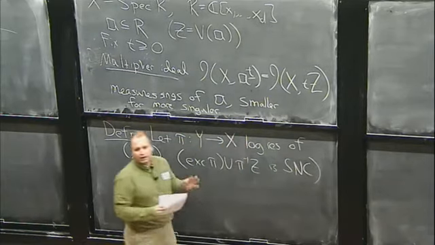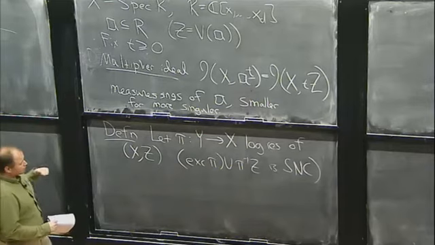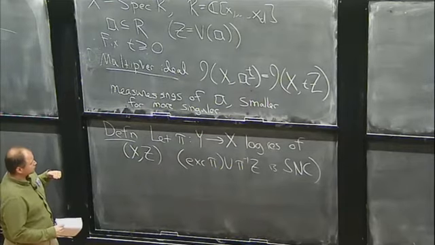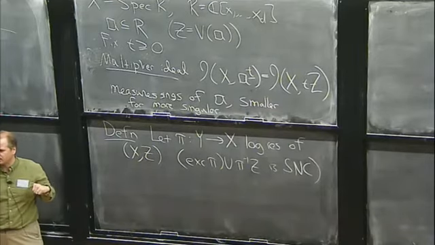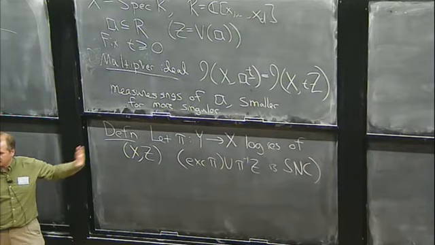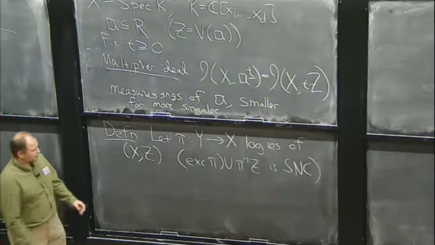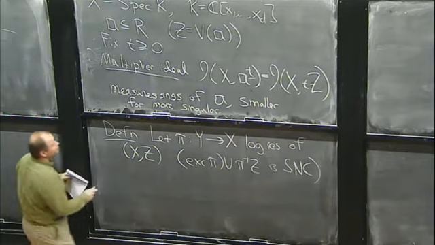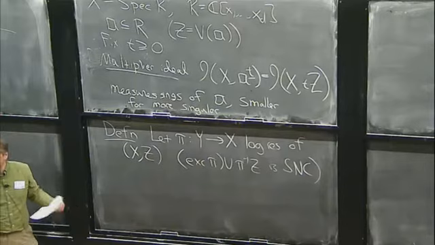So locally, analytically, it looks like coordinate hyperplanes. It doesn't matter for this definition whether it's locally monomial; I think it should be independent. But okay, make it actual simple normal crossings.